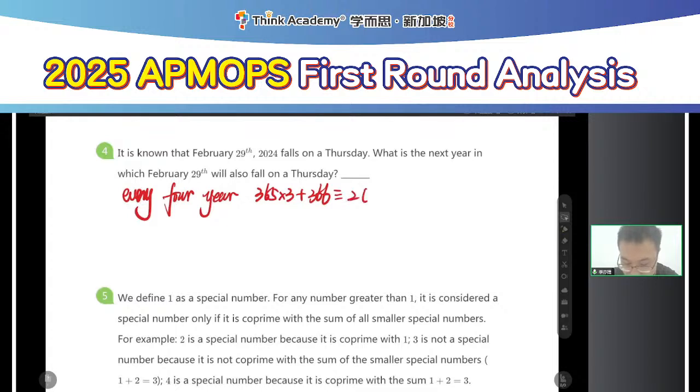So now, every 4 years, the day for the same date moves by 5. If you want it to be Thursday again, from one Thursday to another Thursday, the days passed must be a multiple of 7.